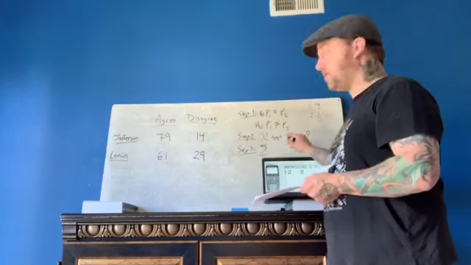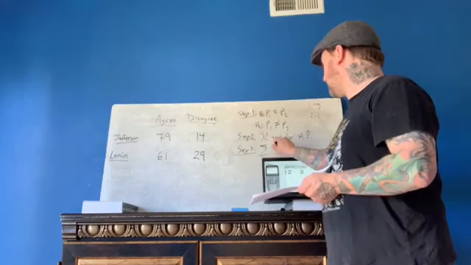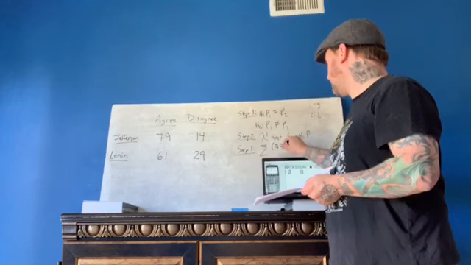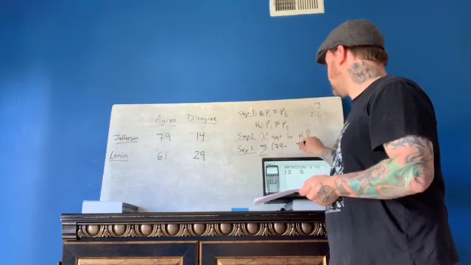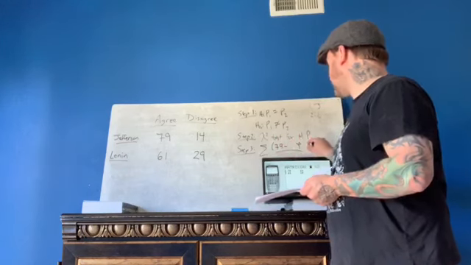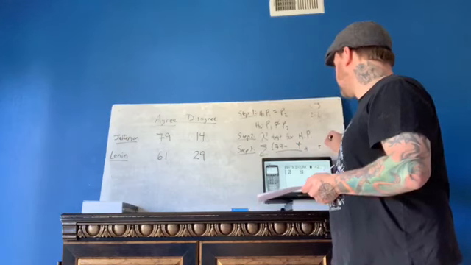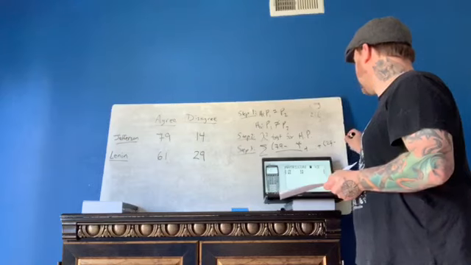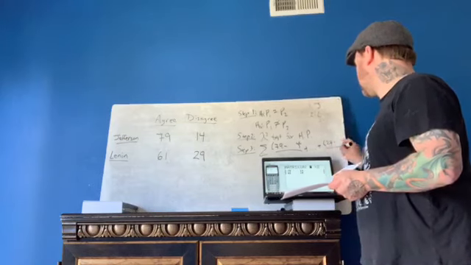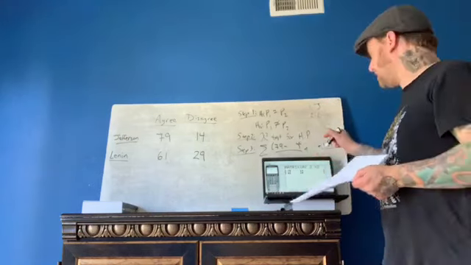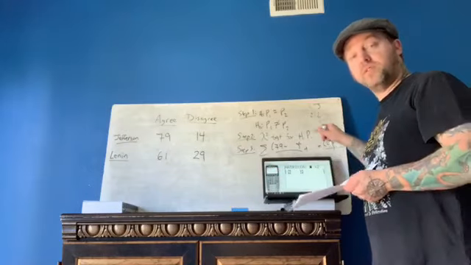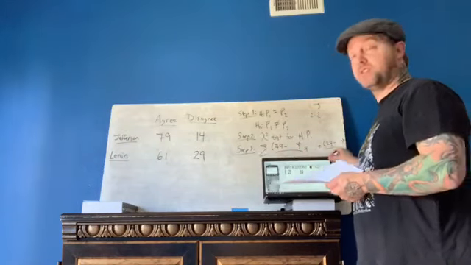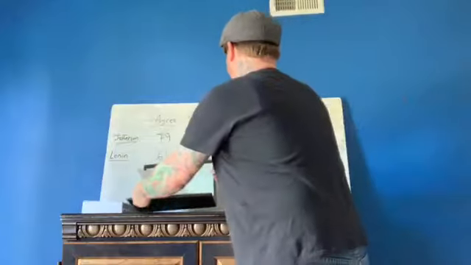Sum of observed minus expected squared over expected. Same over here. I don't know what the expected are, but once I figure out the chi-square statistic, that'll do it for me.